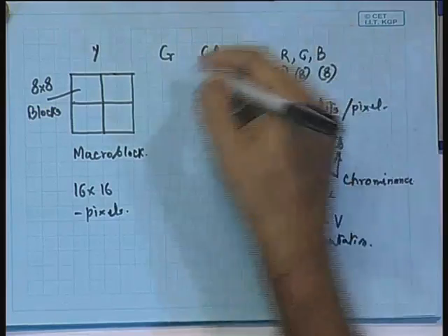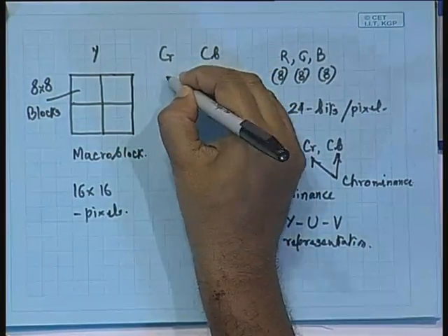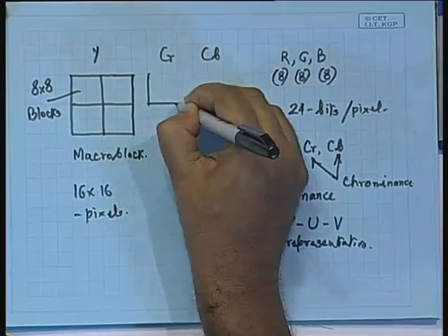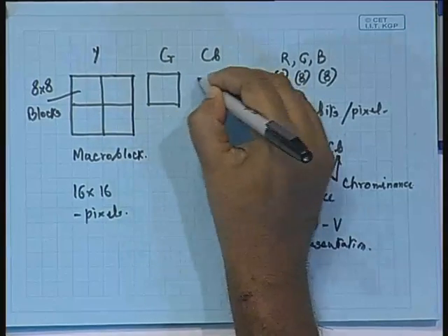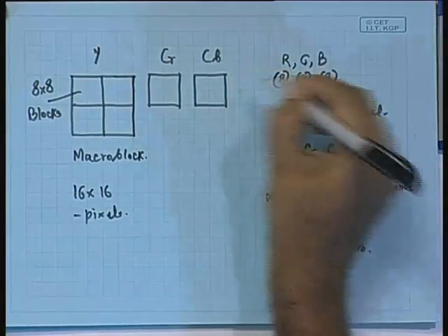So, corresponding to a 16 by 16 area in the luminance image, we can subsample the pixels by a factor of 2 in horizontal and vertical directions, and by subsampling this 16 by 16 will be converted to an 8 by 8 chrominance red and an 8 by 8 chrominance blue component.